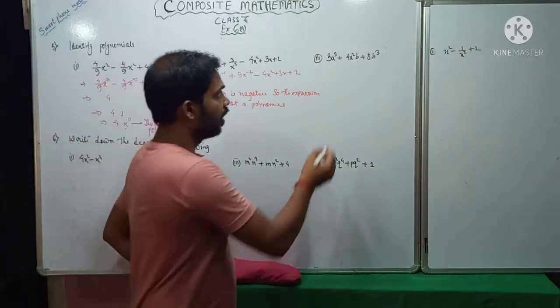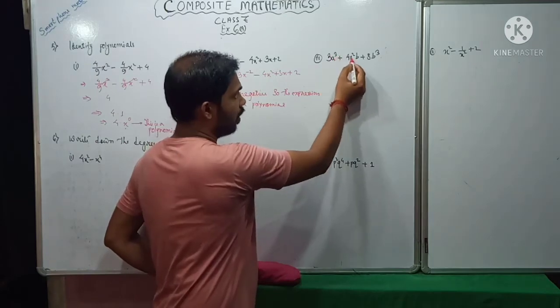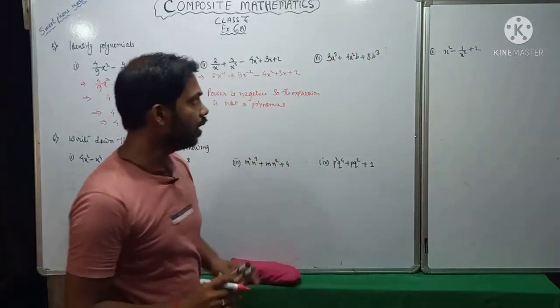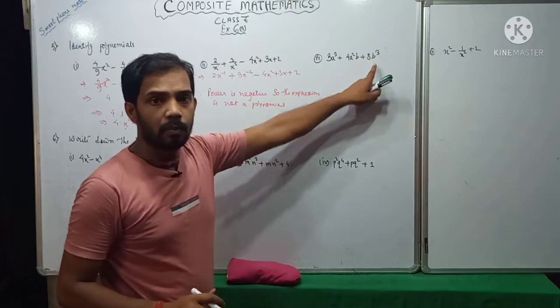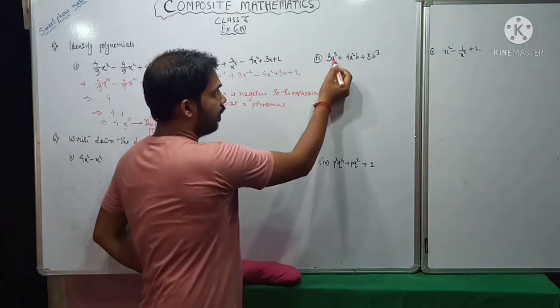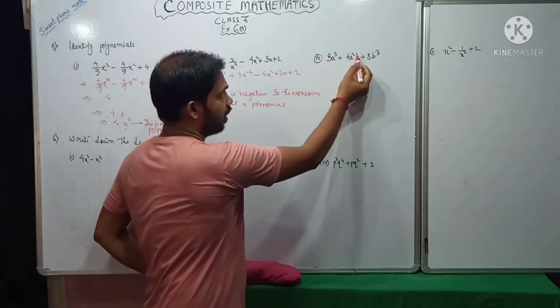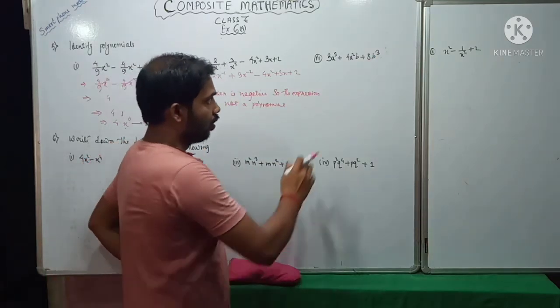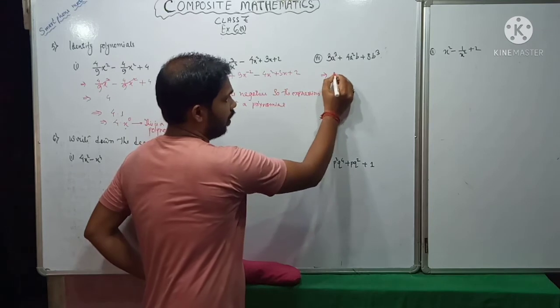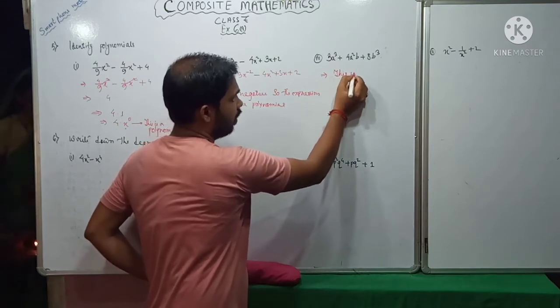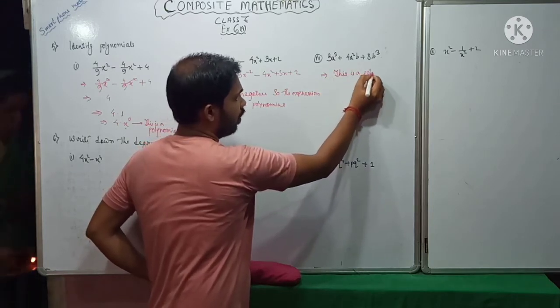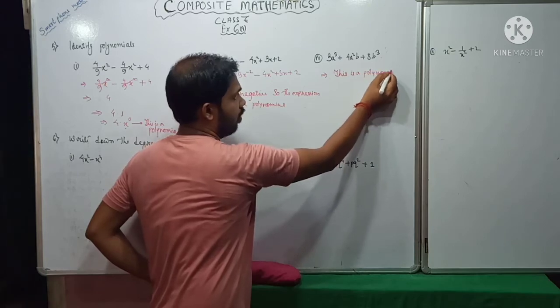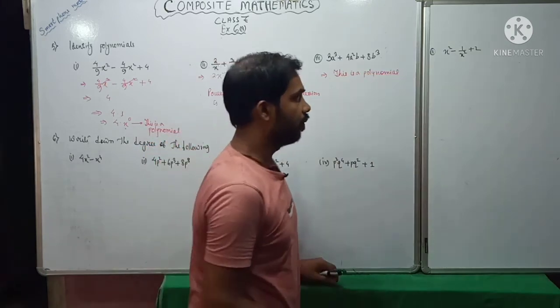Here you see the power is positive, positive, positive. In all the variables the powers are positive. Here constant, variable and exponent are all present. So this is a polynomial. Next question, question number 4.